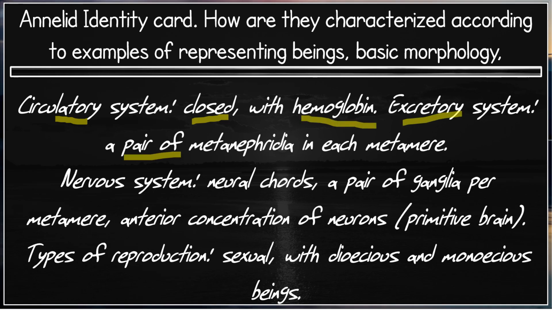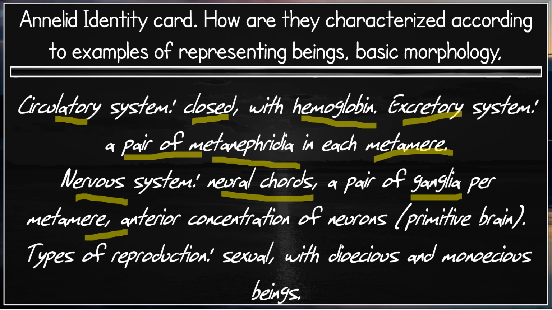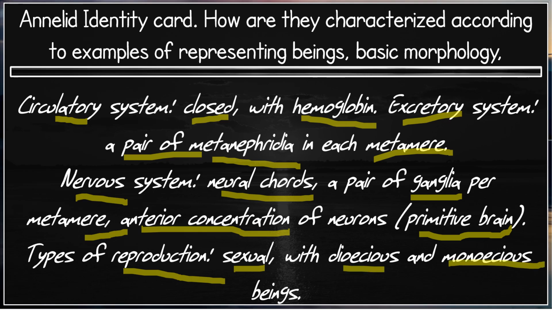Excretory system, a pair of metanephridia in each metamere. Nervous system, they have nerve cords, a pair of ganglia per metamere. Cephalization, anterior concentration of neurons forming a primitive brain. Type of reproduction is sexual with dioecious and monoecious beings.